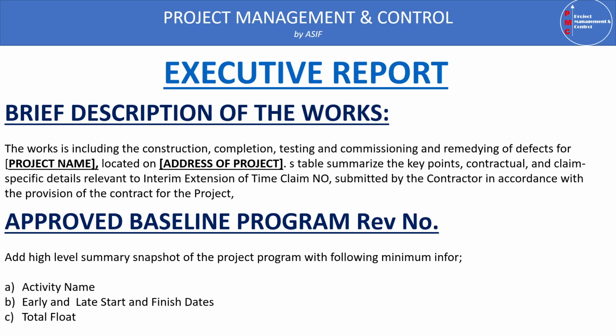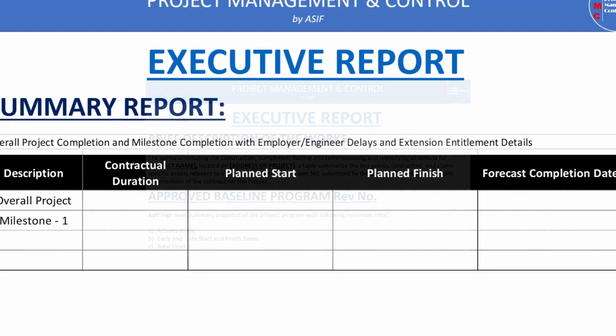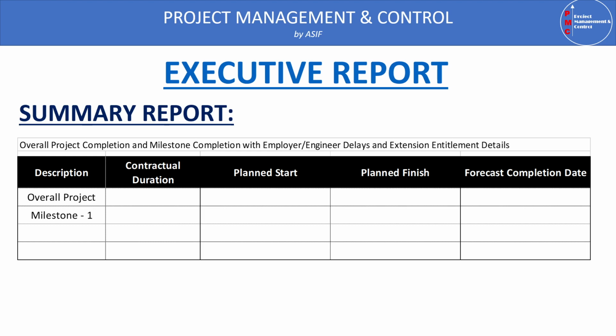For this approved baseline, you have to make a snapshot from the baseline program which contains a minimum of activity name, early and late start and finish dates, total float, etc. This should be the minimum there. Then the summary report: overall project completion and milestone completion, which imply the engineer's delay and extension entitlement details.